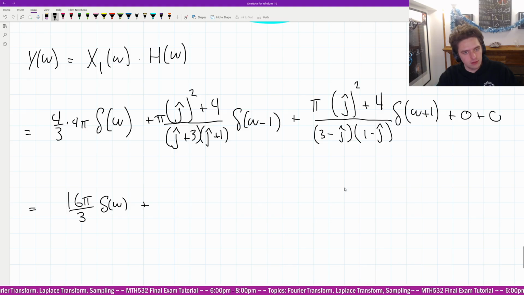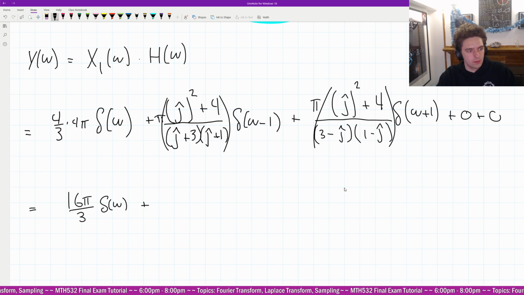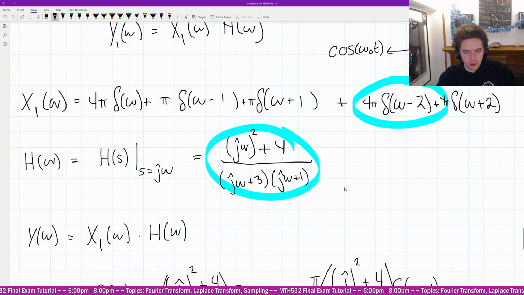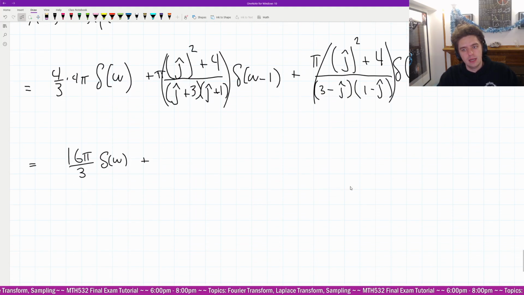This pi is multiplying like this. Yeah, it's 0 because we're plugging in omega equals 2. So it's going to be 2j squared, which is negative 4, and negative 4 plus 4 is 0. Same thing is going to happen if you put the negative 2 in, since it's being squared. So let's simplify a little bit here.